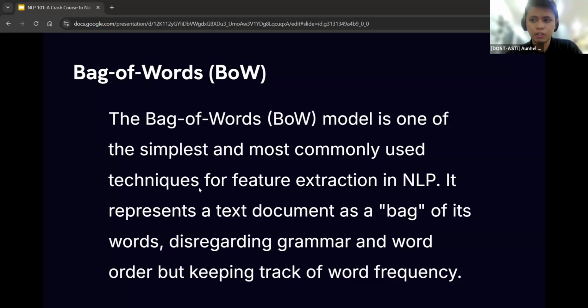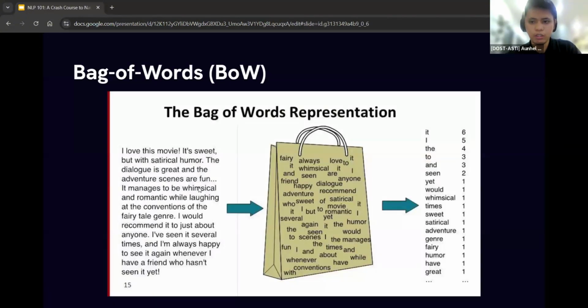Then we keep track of how many times each unique word appears in the entirety of our initial corpora. So let's say we have a collection of long text, a lot of text data. We extract all the unique words, dump them into a bag, and then count for each unique word how many times it occurred in our text data.